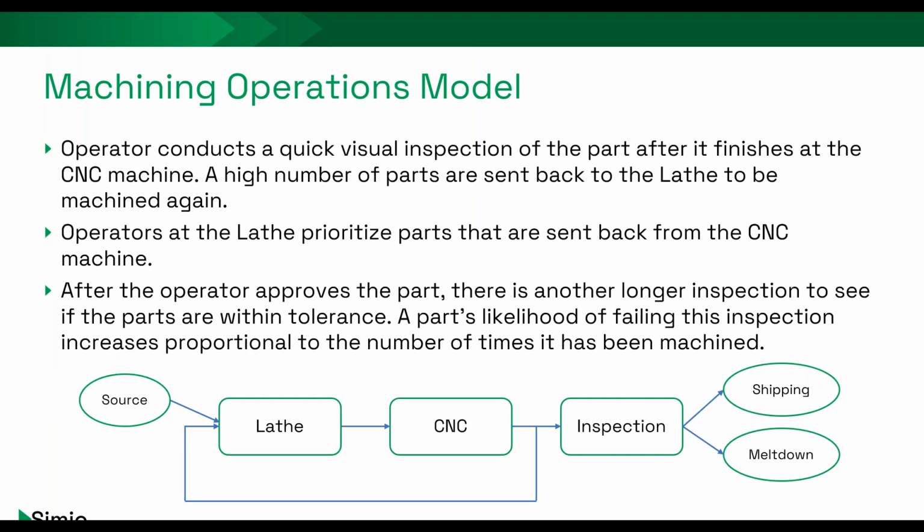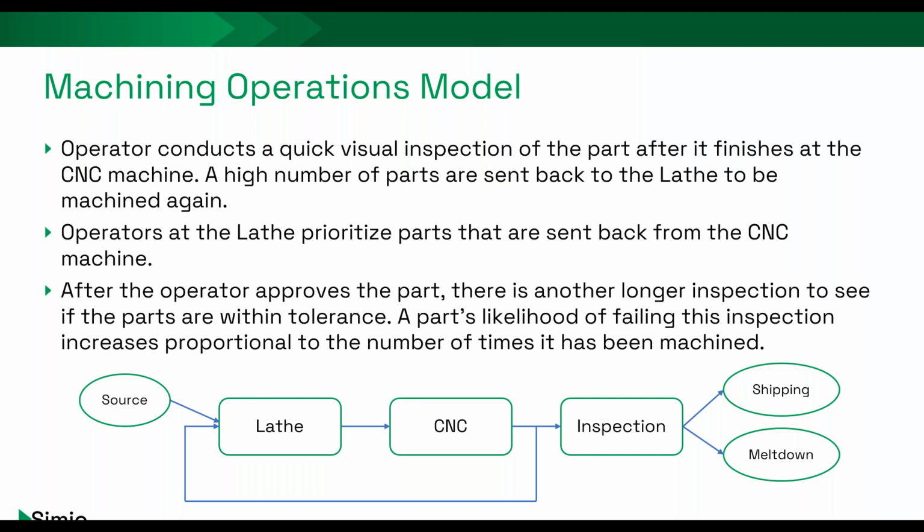So we're going to talk about what the context is for the problem and then show you how we chose to model this. So we have a two-machine operation system. We have a lathe to do turning and a CNC machine to do some milling and surface finishing. After the CNC machine, an operator conducts a quick visual inspection of the part and determines whether or not the surface finish is desired.